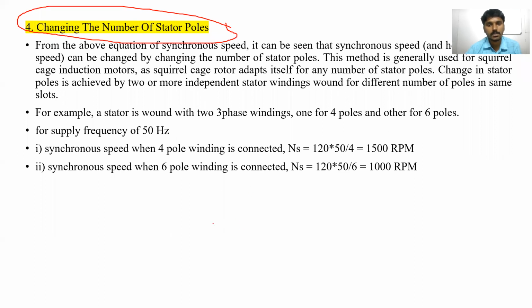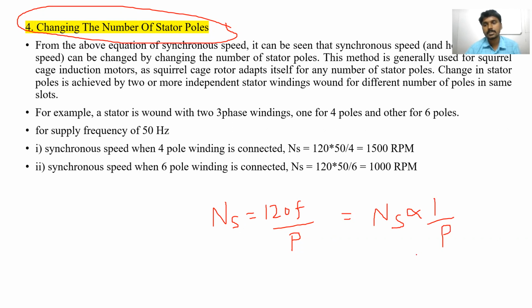Because we have the formula Ns is equal to 120 f upon P. Means the synchronous speed is inversely proportional to the number of stator poles of the induction motor.